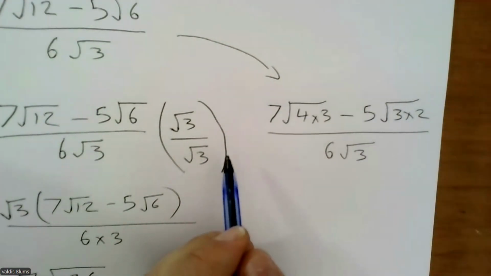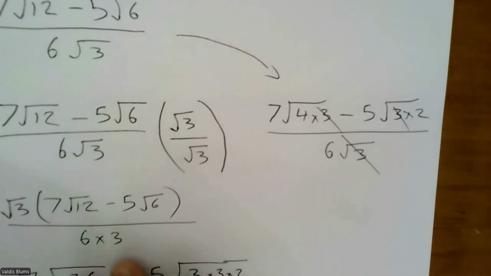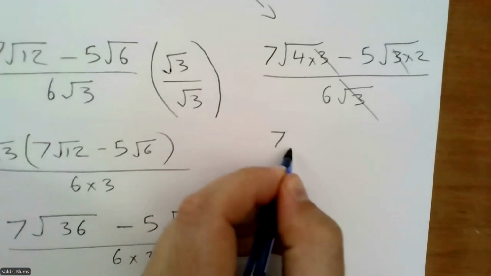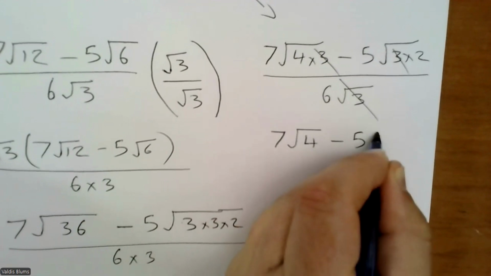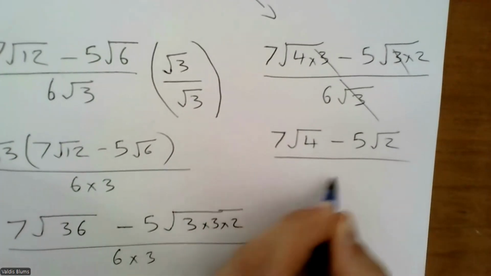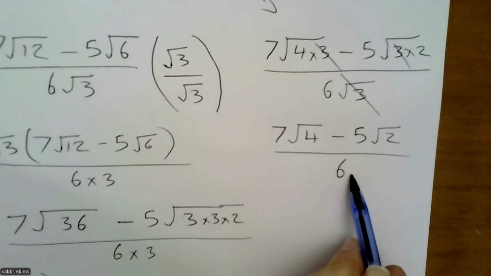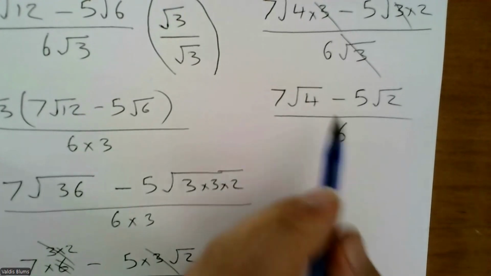So I could factorize out my 3's and then divide them out. And I'm left with 7 square root 4 minus 5 square root 2 all over 6. So my denominator is already rationalized. Now I can just simplify this question.